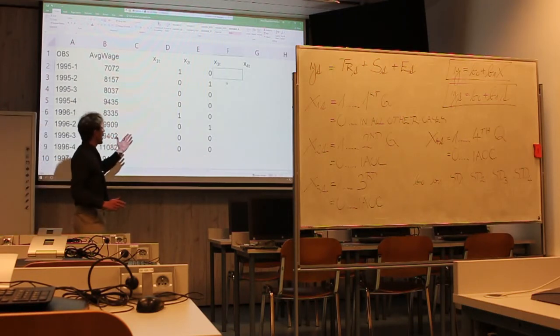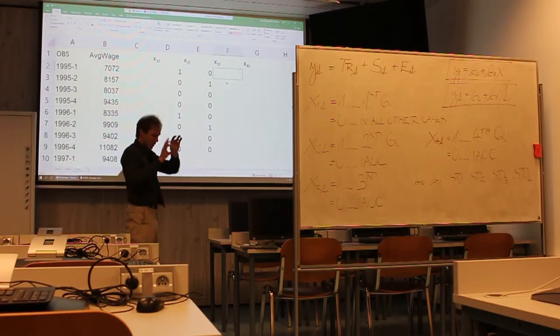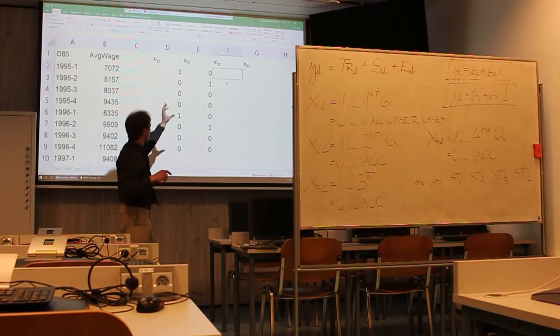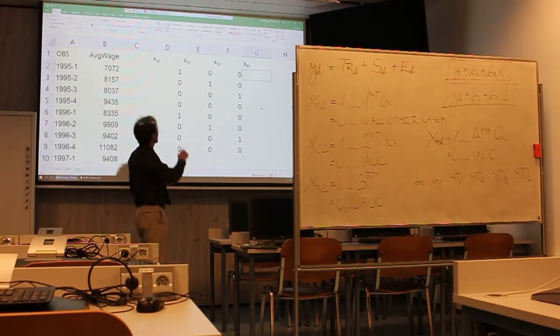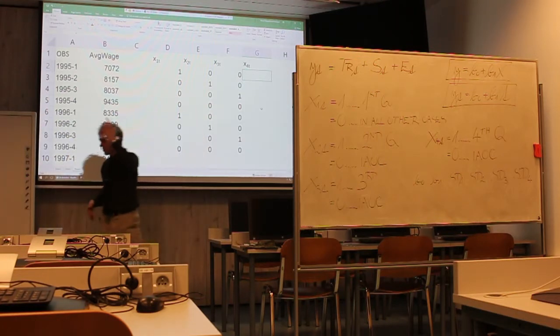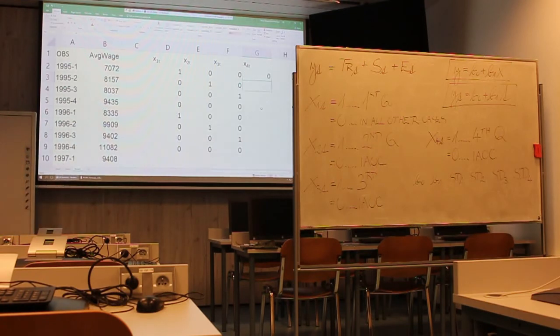Third variable, value 1 is in the position of the third quarter of the particular year. So combination 0, 0, 1, 0, 0, 0, 1, 0, and you can continue. And finally, for dummy variable x4 at time t, combination 0, 0, 0, 1, 0, 0, 0, 1.